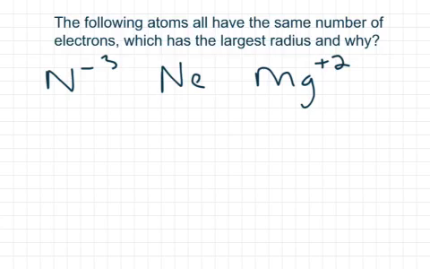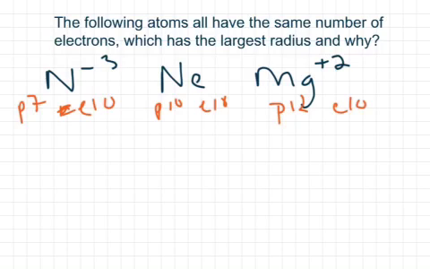What's the ratio of protons to electrons here? So this one has 7 protons, but it has 10 electrons. This one has 10 protons, 10 electrons. This one has 12 protons and 10 electrons. So are we increasing our repulsion, decreasing our repulsion?